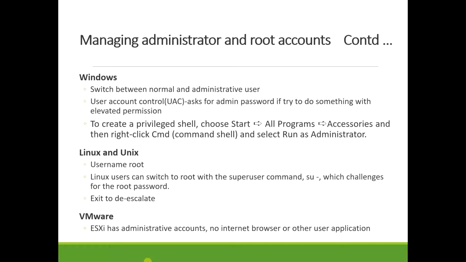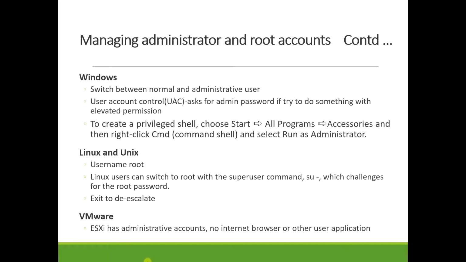When an attempt is made to perform a privileged operation, UAC will challenge for an administrative account password. If you are logged in to the system with a non-administrative account and attempt to do something that requires an elevated level of permissions, by default the Windows command shell will have non-privileges.